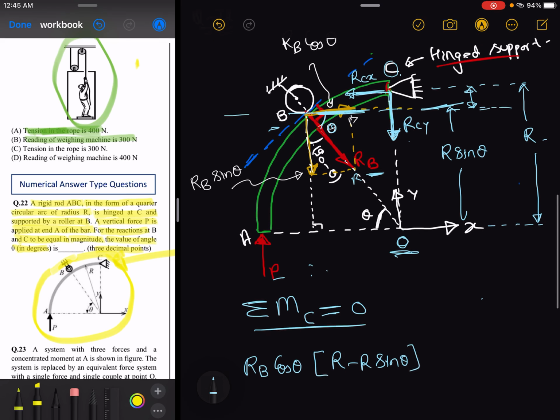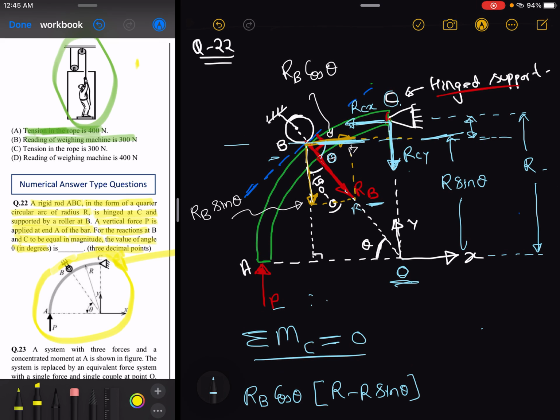So this moment about C is in anti-clockwise direction, and in this case I am taking anti-clockwise direction as positive. You can take any, depending on your choice. Okay, so RB cos theta into R minus R sin theta is the moment due to RB cos theta about point C, in anti-clockwise direction.